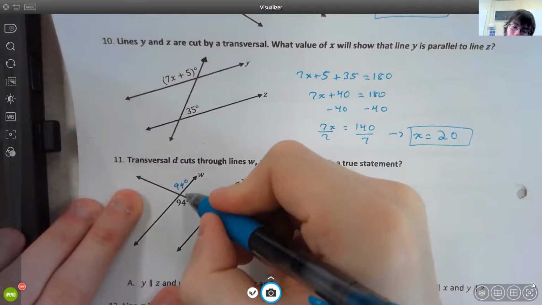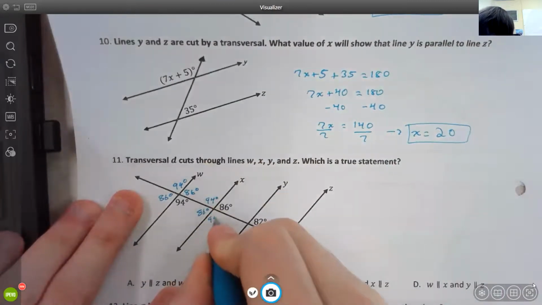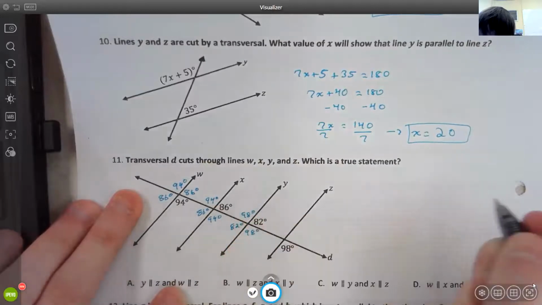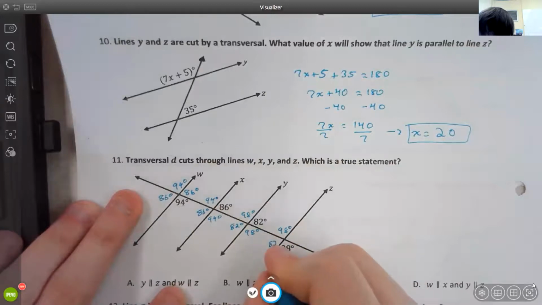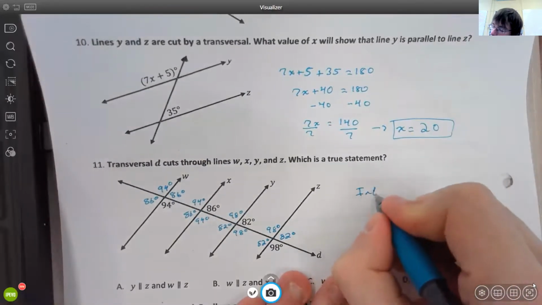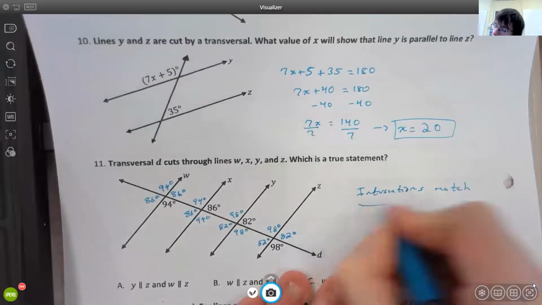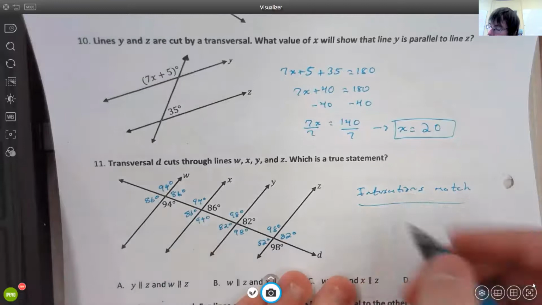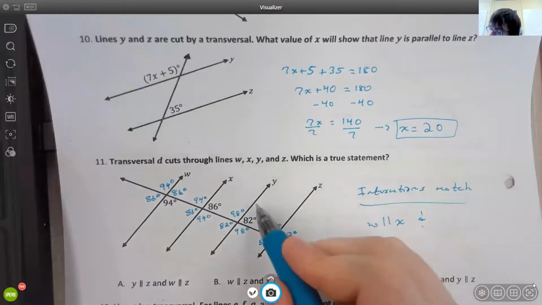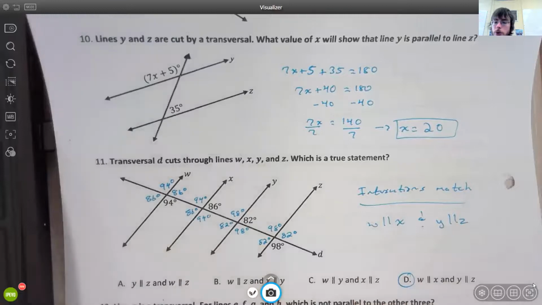I'm just running through these real quick. 86, 94, 94, 82, 98, 98, 98, 82, 82. So which intersections match? The intersections that match are W and X, so W is parallel to X. And Y and Z match up, so Y is parallel to Z. So that would be answer choice D.